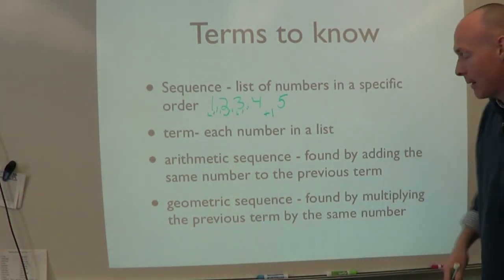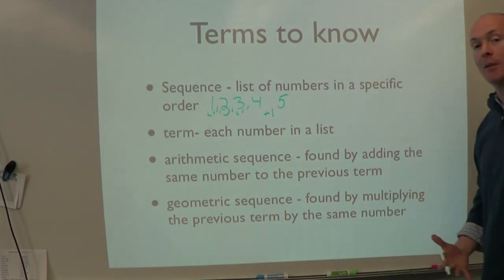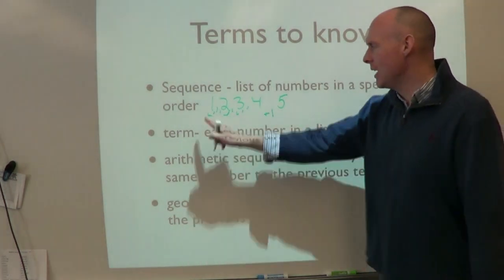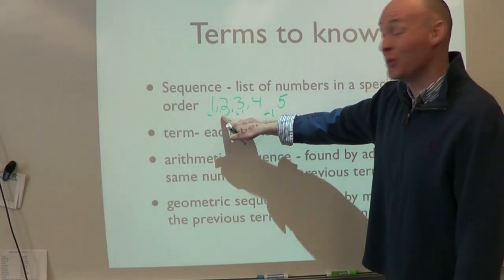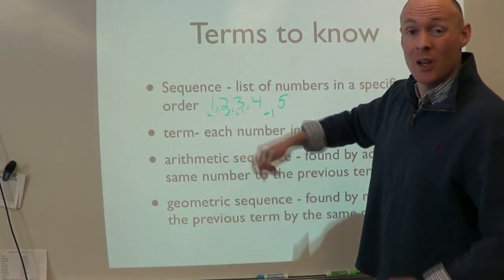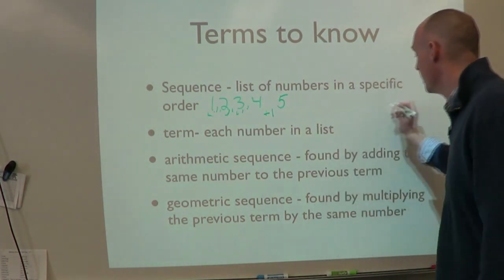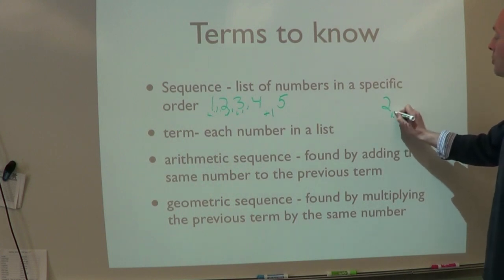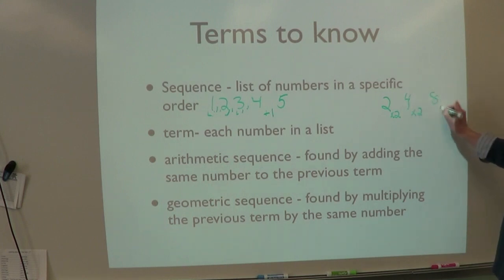Geometric is a little bit different. Geometric is found by multiplying the previous term by the same number. This is not a geometric sequence, because in this, 1 times 2 is 2, 2 times 2 is 4, so we're not multiplying by the same number. But a geometric sequence could be 2 times 2 to get 4, times 2 to get 8, times 2 to get 16.